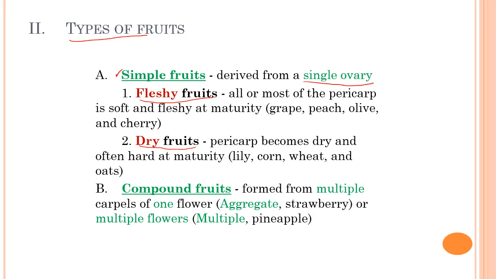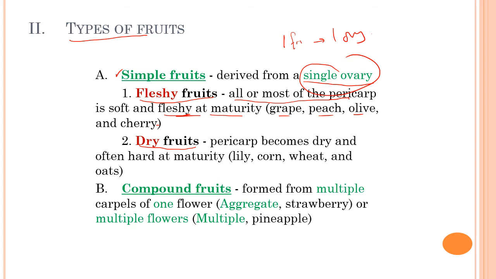If they are fleshy, that means all or most of the pericarp, which is the exocarp, mesocarp, and endocarp, is fleshy and soft at maturity, like grapes, peach, olive, cherry. All these are soft, and that's why we call this fleshy. As long as the exocarp and the mesocarp are soft, it is a simple fleshy fruit. Remember, this is a single ovary, one fruit coming from one ovary.